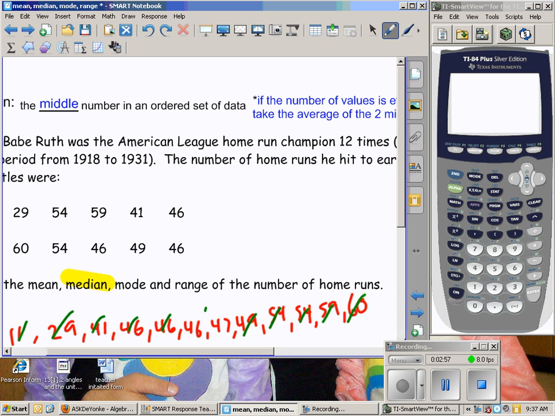Now the two middlemost numbers, again, we don't have that middle number, so we want the average of the two. And the average of 46 and 47 would give us 46.5. That is our median.